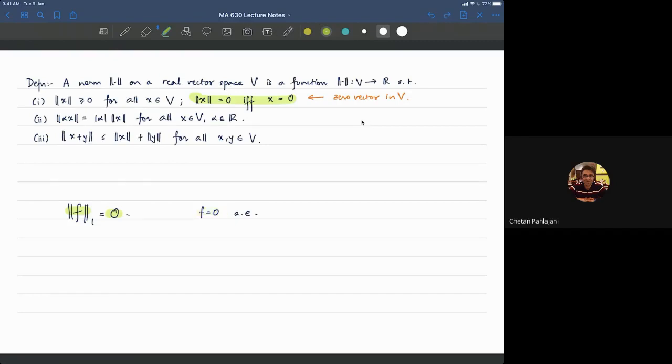And so then we will do a little bit of clever footwork. What we will tell ourselves is that, you know what? We'll think of L^p not as collections of functions, but as collections of equivalence classes. And the equivalence class of 0 is the collection of functions which are 0 almost everywhere. Then once we do that little dance, this thing will actually become a norm, and that's what we're going to do. So, just a spoiler alert, that is what is coming.